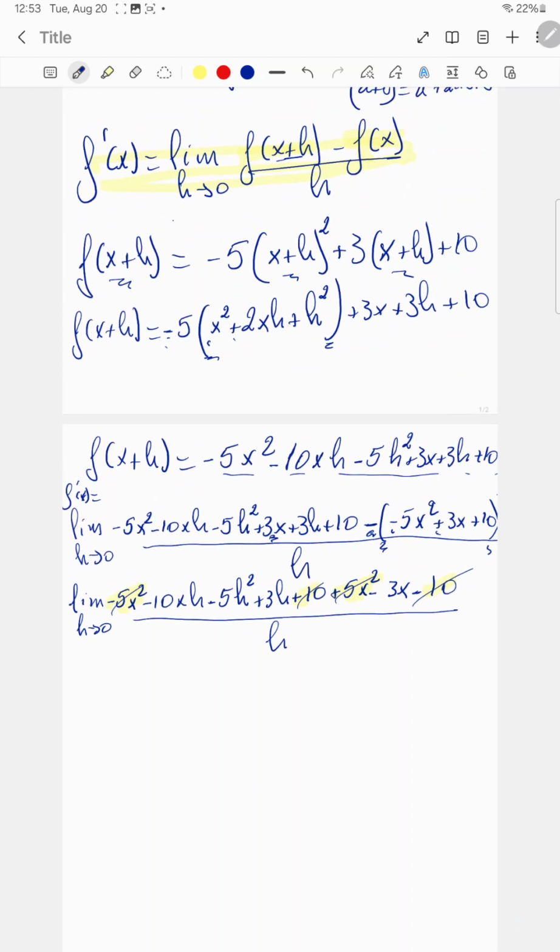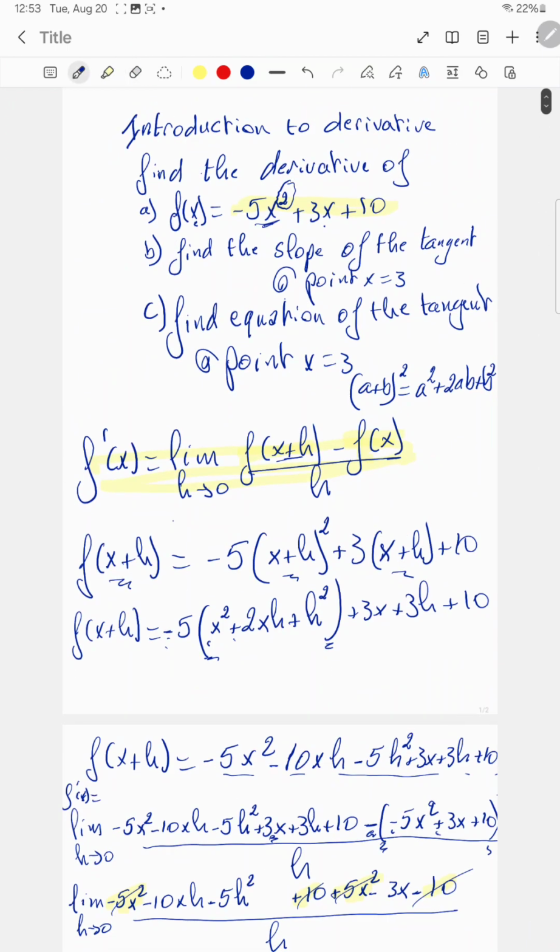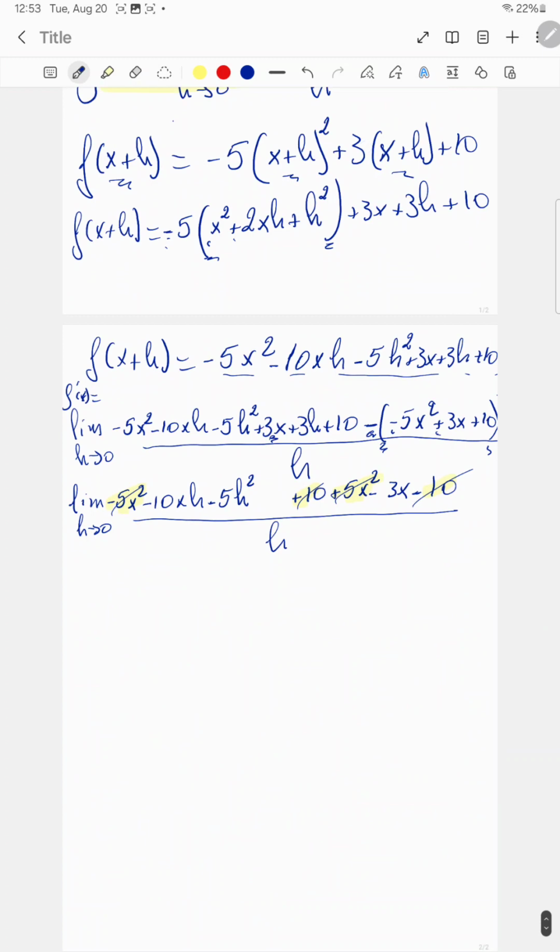So let's put it plus 3x plus 3h plus 10 plus 3h plus 10.